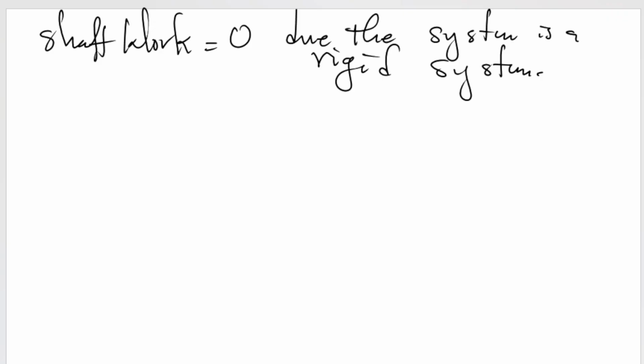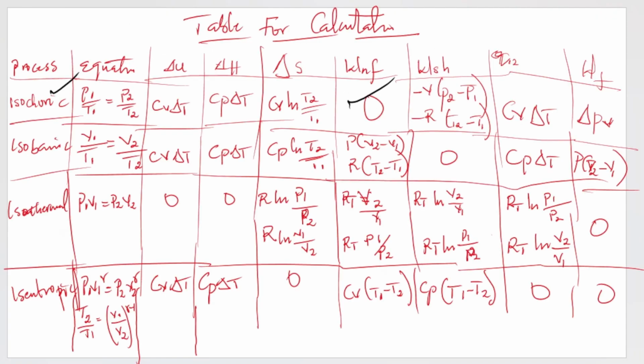Looking at our simplified table, we are given an equation for shaft work: minus V into P2 minus P1, and we're also given another equation, minus R multiplied by T2 minus T1.